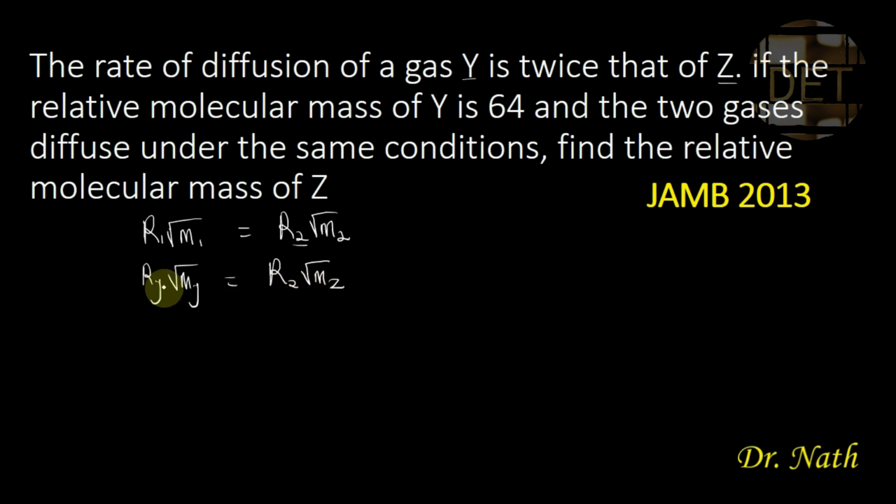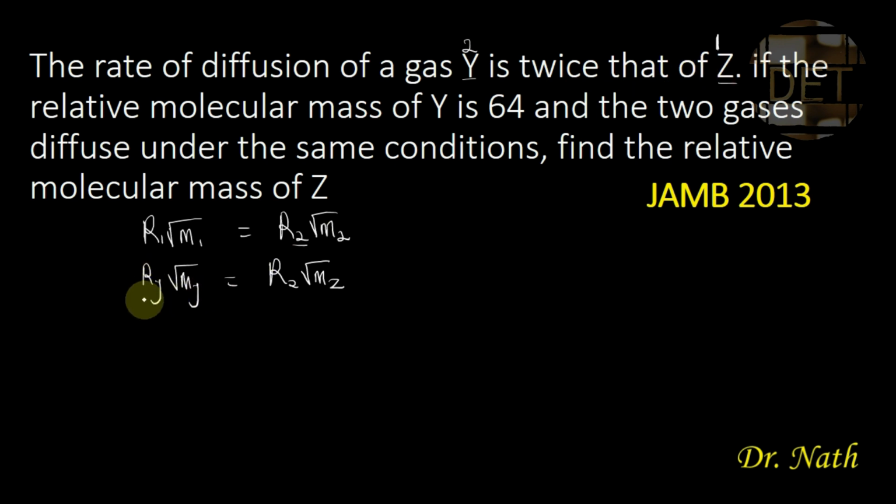So what is the rate of diffusion of the gas Y? The rate of diffusion of the gas Y is twice that of Z. So if the rate of diffusion of the gas Z is 1, that of Y will be 2.